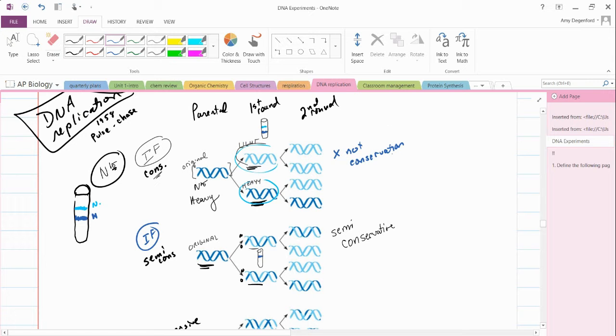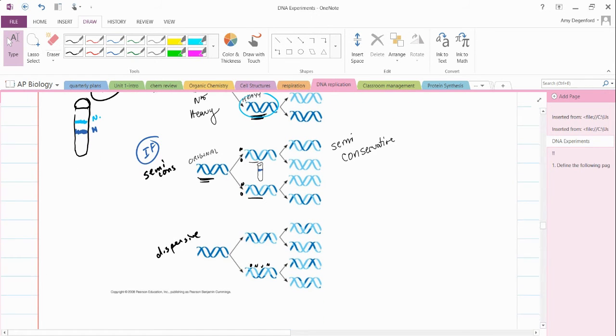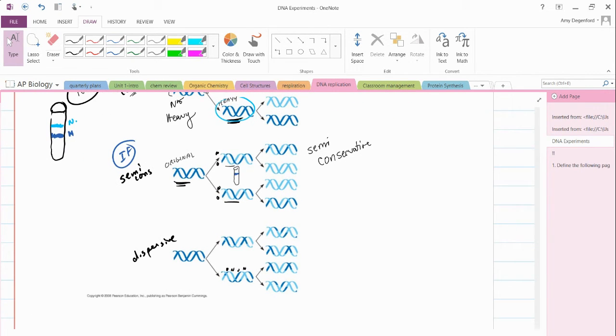So, oops, I spelled that wrong. However, we do have dispersive, and dispersive was a bit of a conundrum, because with dispersive, you would get a similar look in the first round. You would get it kind of right in the middle.